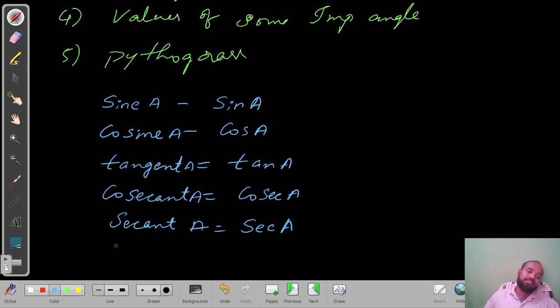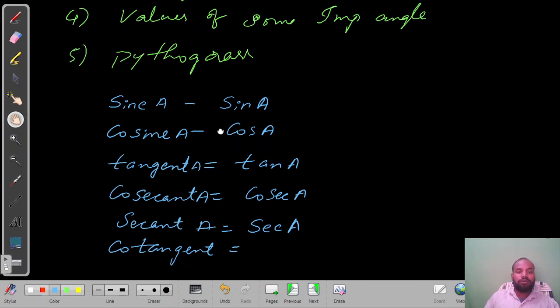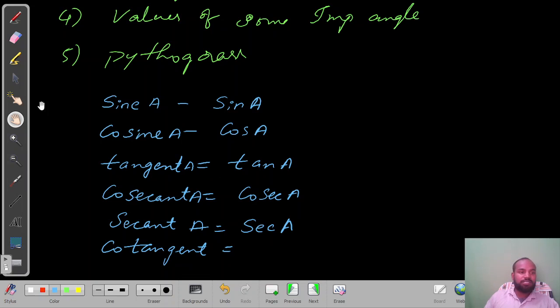Next, cotangent. Cotangent is nothing but cot A. So these are the short forms which we use regularly in our problems.